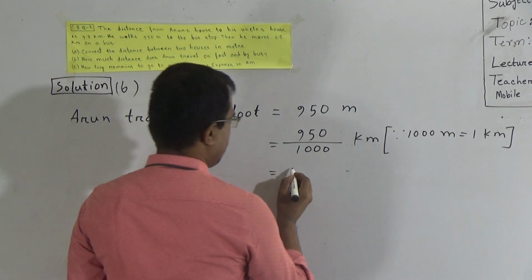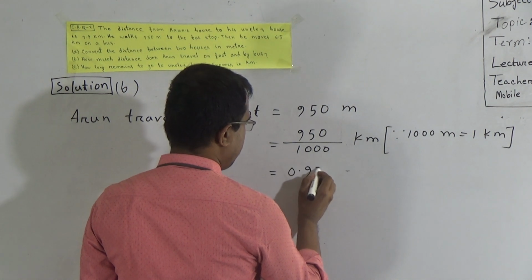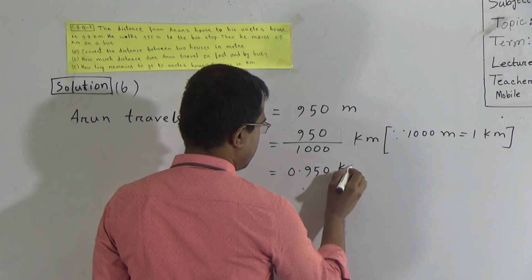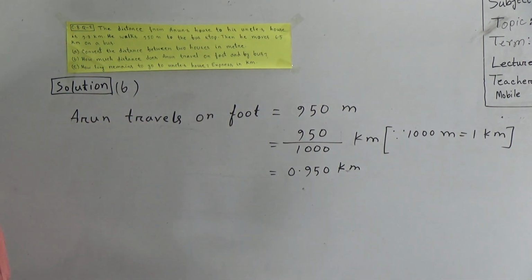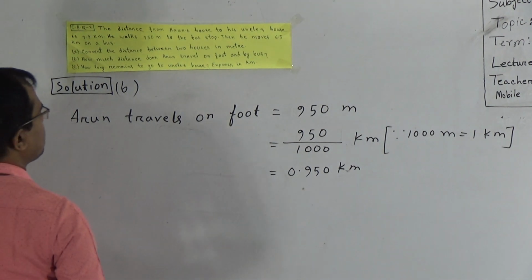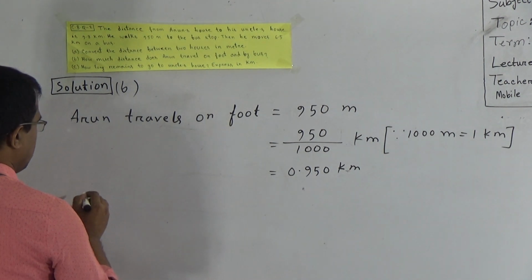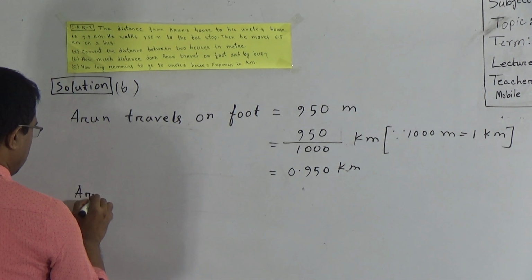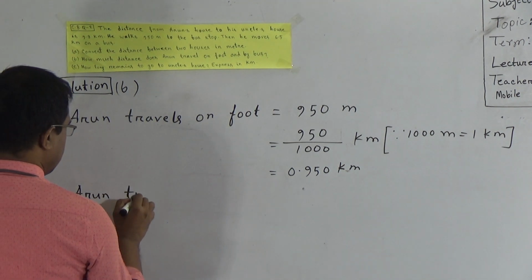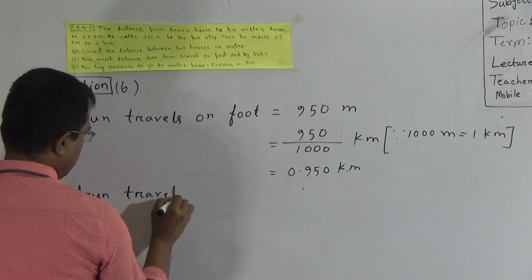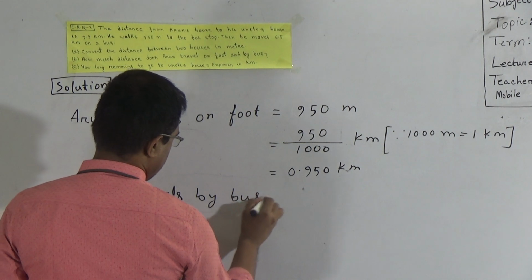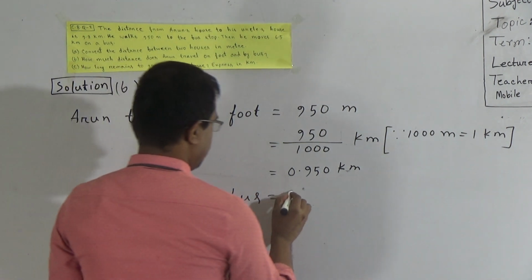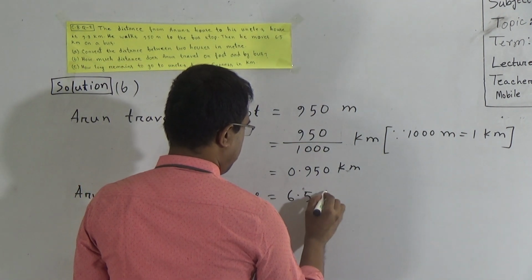So it will be 0.950 kilometer. Now Arun travels by bus 6.5 kilometer.